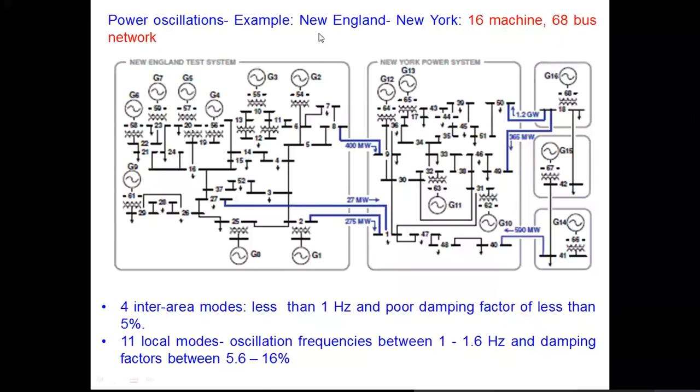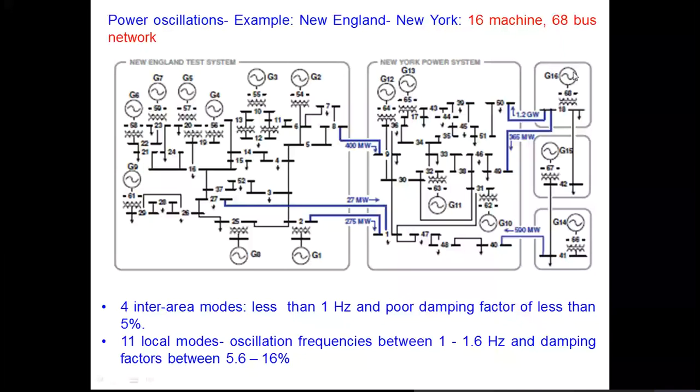This part, or this area, is actually the New England system, and this part is the New York system. And then we also have some equivalent generator representation. These are actually large generators represented by one generator here.